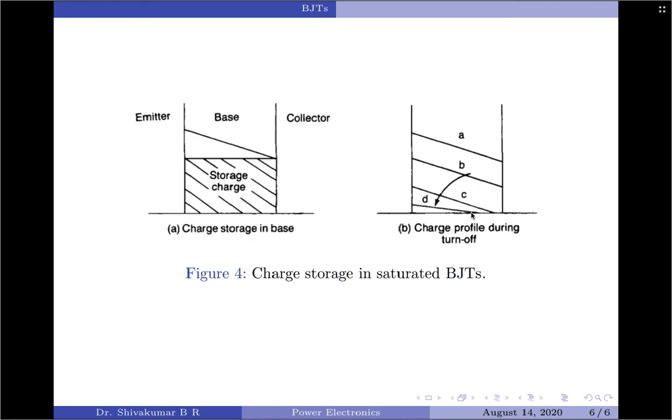We have multiple charge profiles. Now, the charge profile is changed from A to C. During the fall time, however, the charge profile decreases from C to D, and thereby all the extra charge carriers in the base region, which are the saturated charge carriers, are removed.